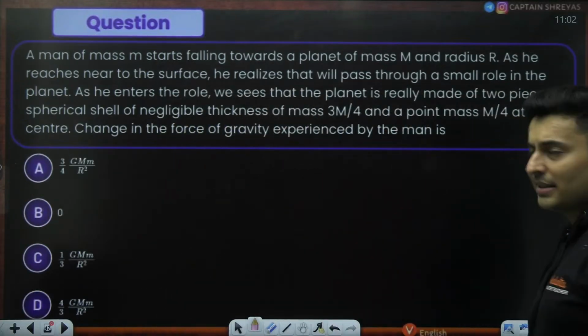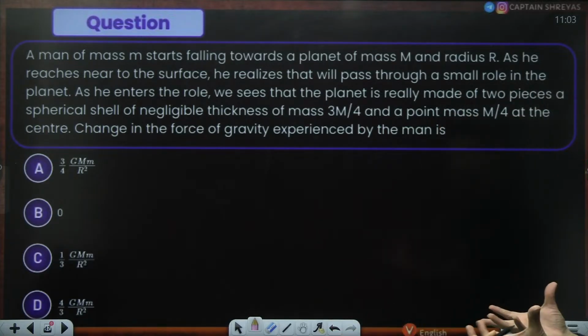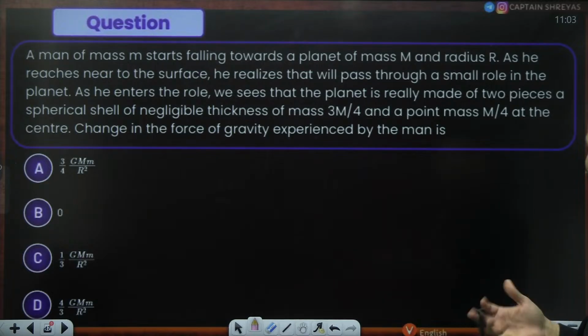There is a man of mass m who starts falling towards the planet. As he reaches near the surface, he realizes that he will pass through a small hole in the planet.